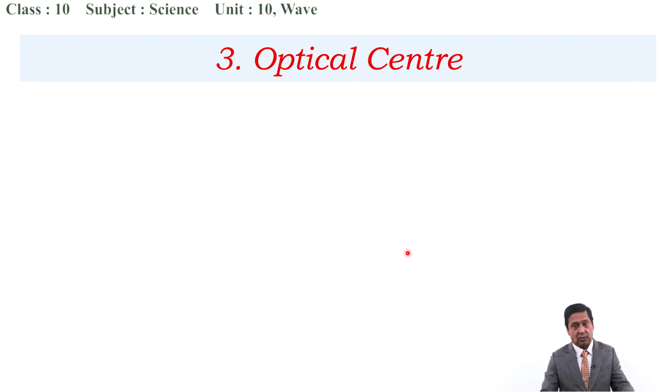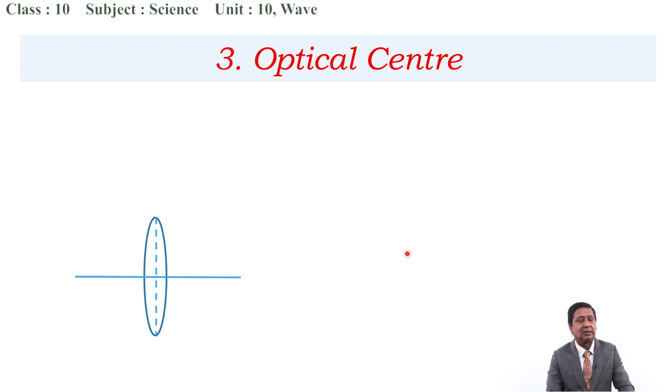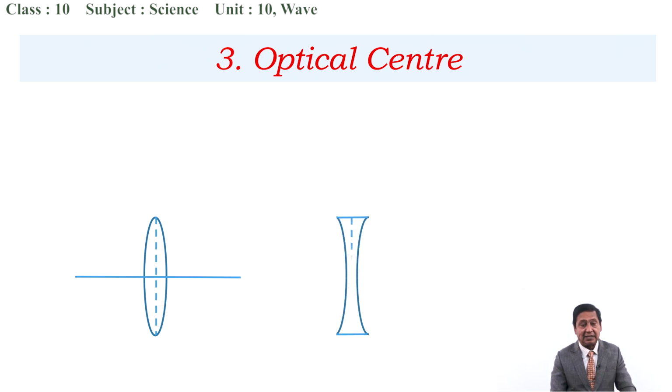Optical center. What is it? Let's have a convex lens. This is a bisector line which bisects the convex lens into 2 equal parts vertically, and this is the principal axis. In the same way, let's say this is a concave lens and a bisector line divides it into 2 equal halves, and this is the principal axis.